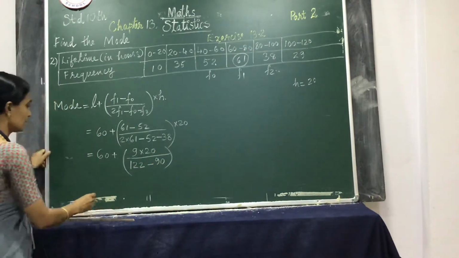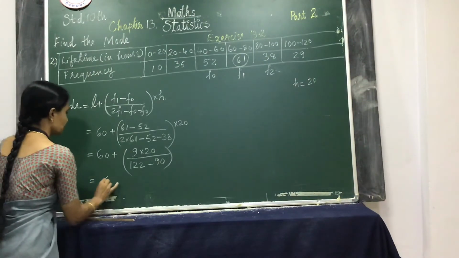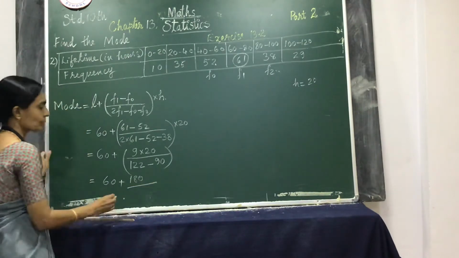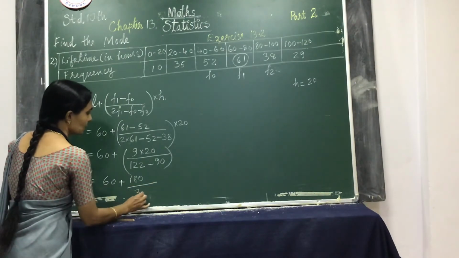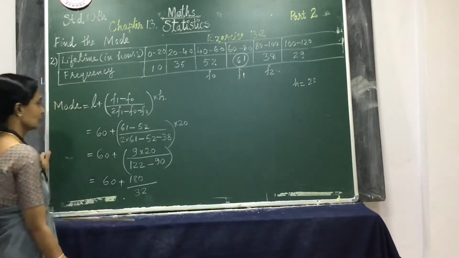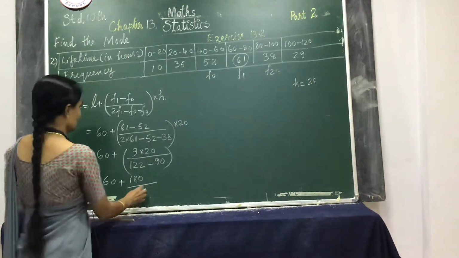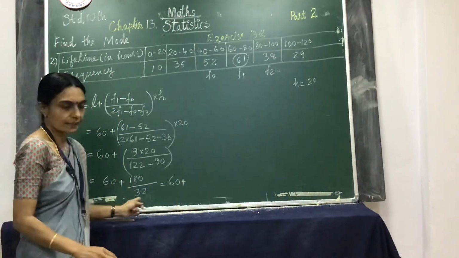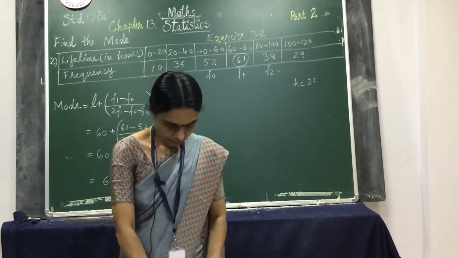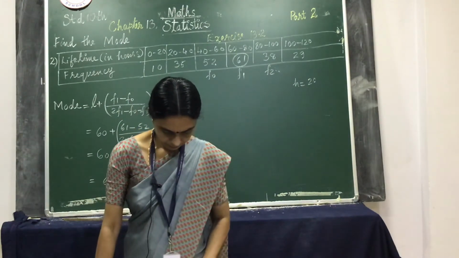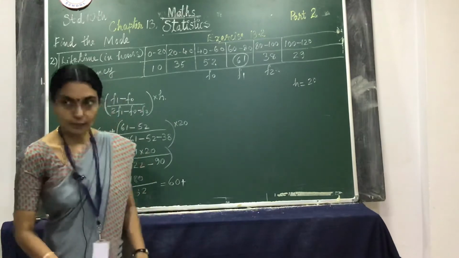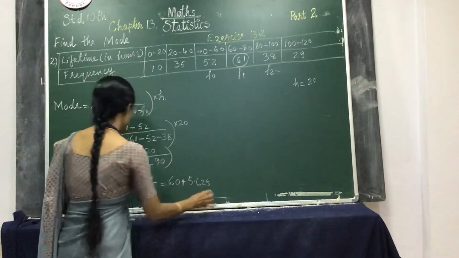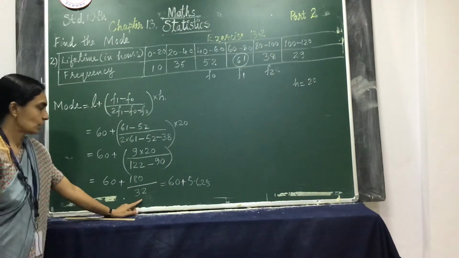Solving inside the bracket, 60 plus 180 divided by 32 is equal to 60 plus, dividing 180 by 32, we have 5.625.